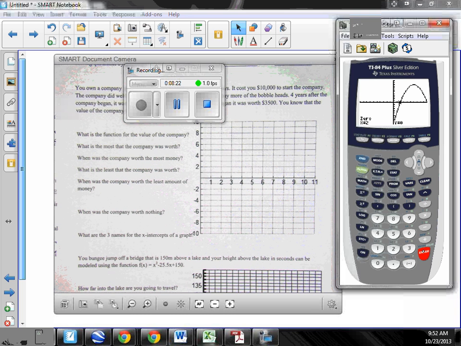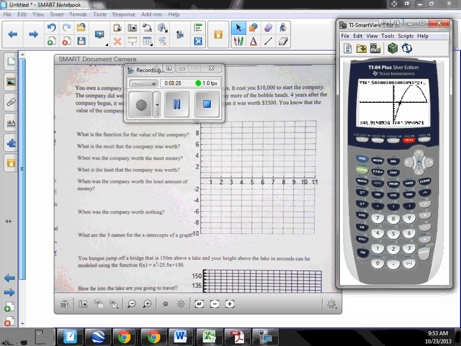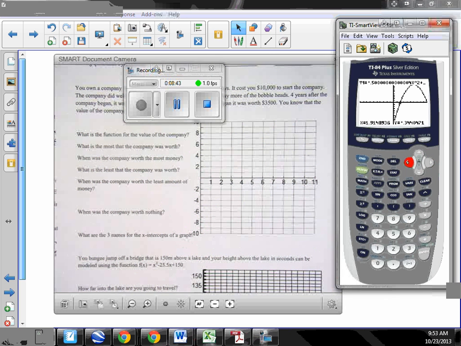Trace is a bad idea. Because what if the answer, well, let's look. If I just do trace, I can't actually hit y equals 0, or x equals 0. So trace finds points that are on the graph, but the chances of you using trace and getting the right answer, it just doesn't happen.